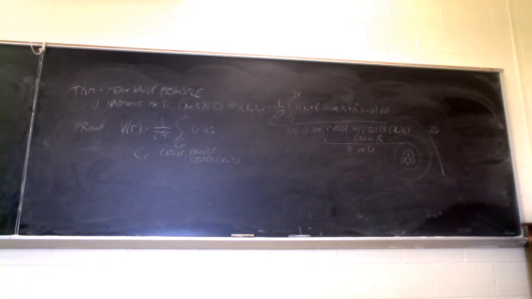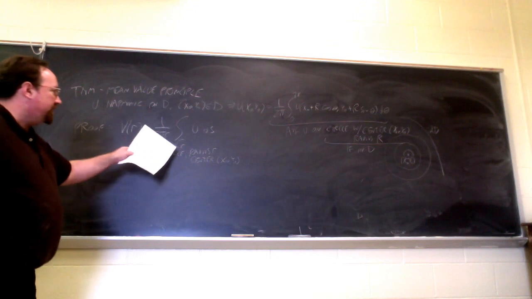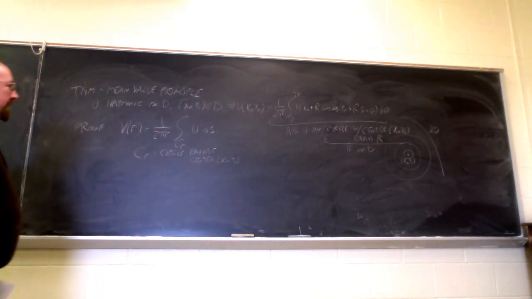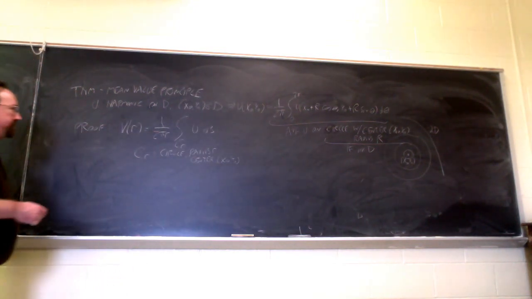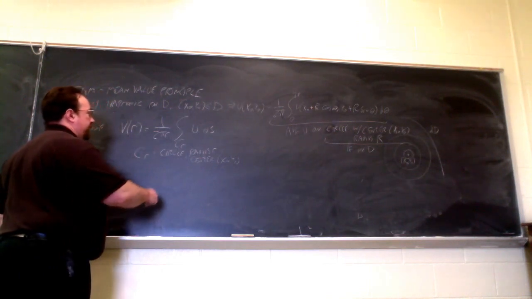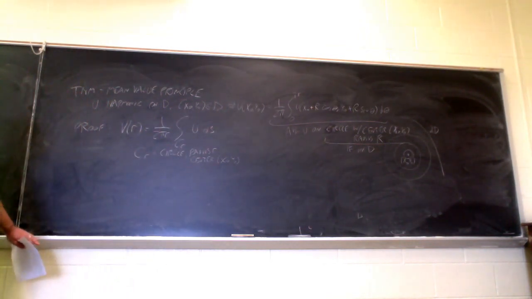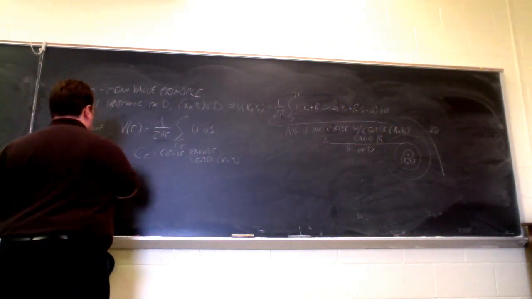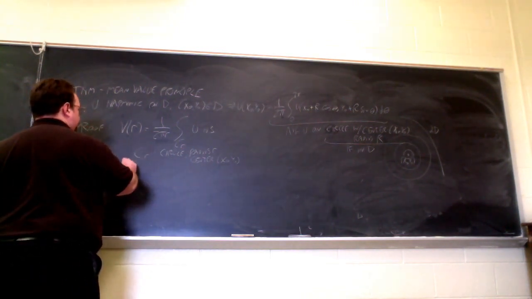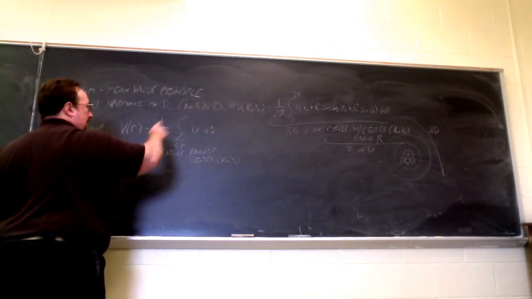Now, I won't go through all the details here, but just give you the main idea of the proof. So this is equal to that. It's just written more compactly. It's the average of u on the circle, because this is the circumference of that circle. So it's integrating u over that circumference and then dividing by the length of that curve, 2 pi r. I won't go through the whole differentiation here, but you can write it out kind of like that.